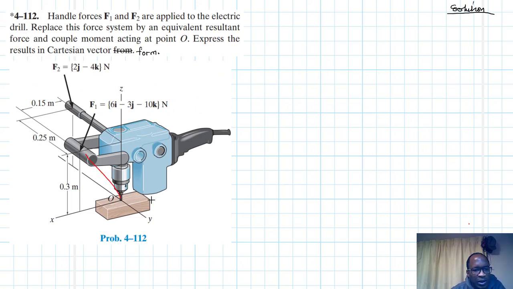So I'll need some moment vectors. Moment vector arms. Alright, so I have one there, and then let me say I have another one there. I need this, and I need to define them. So let's name these points.